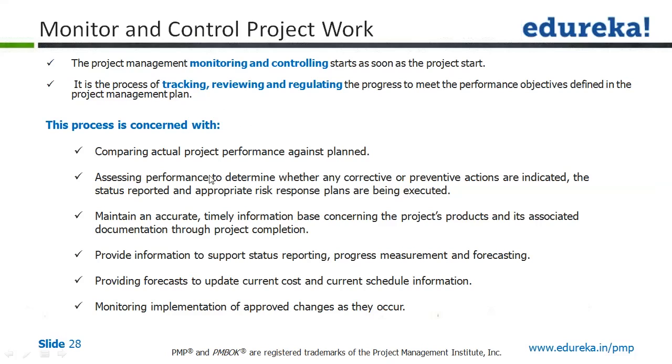Let me share with you the broader understanding of what activity we should be covering as a part of monitor and control project work. Monitoring and controlling the project is basically a process of tracking, reviewing, and regulating the progress which is needed to meet the performance objectives. This process is majorly concerned with the actual performance against the planned performance, because the words monitoring and control are already in play.